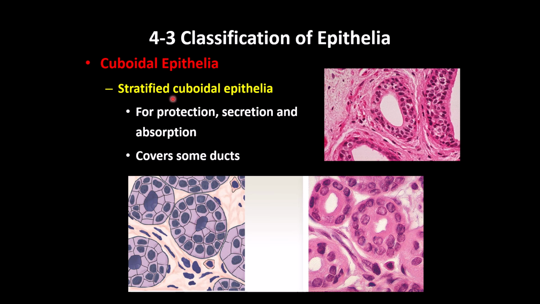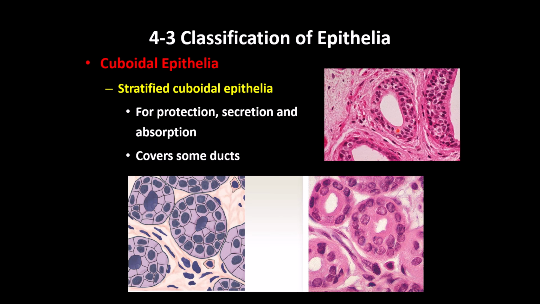A stratified cuboidal, that is for protection, secretion, and absorption. So you can see that these cells, this is the cavity here, and this is one layer, and this is the second layer. And in this image, this is one layer, this is the second layer.